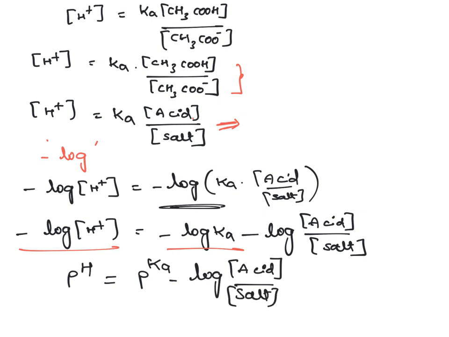Still I can rearrange this in terms of a positive term. pH equal to pKa, and now this minus, if I take it inside, it becomes plus log of salt by acid. This is the expression for an acid buffer solution.